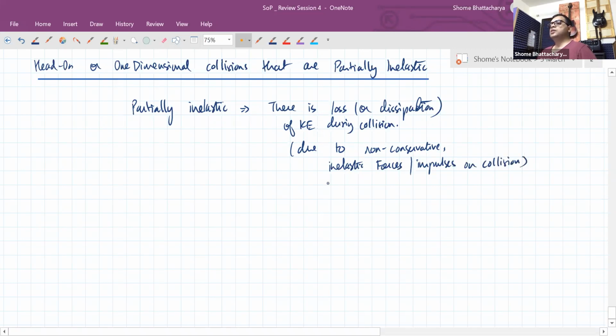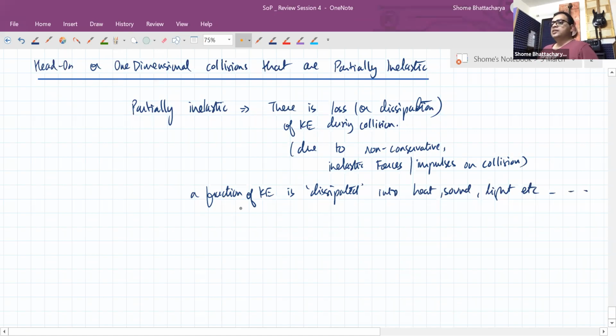What these tend to do is that kinetic energy or a fraction of the kinetic energy is dissipated into other forms of energy. Heat, sound, if there's sparking, light, etc.